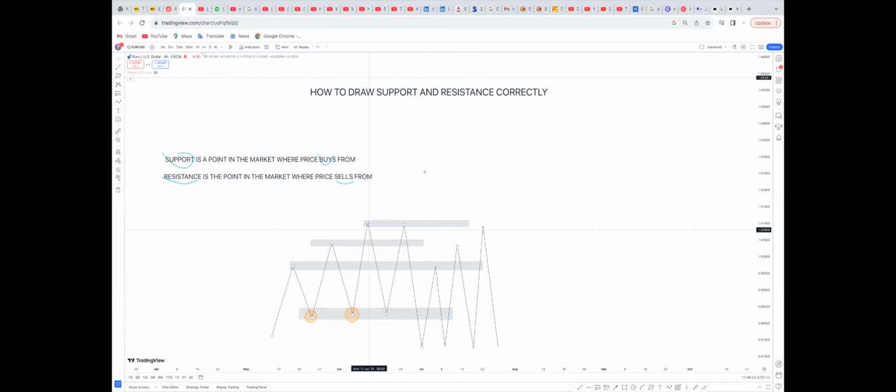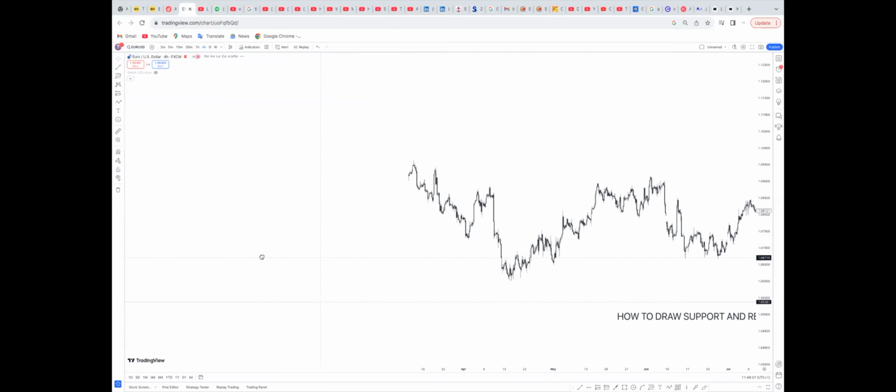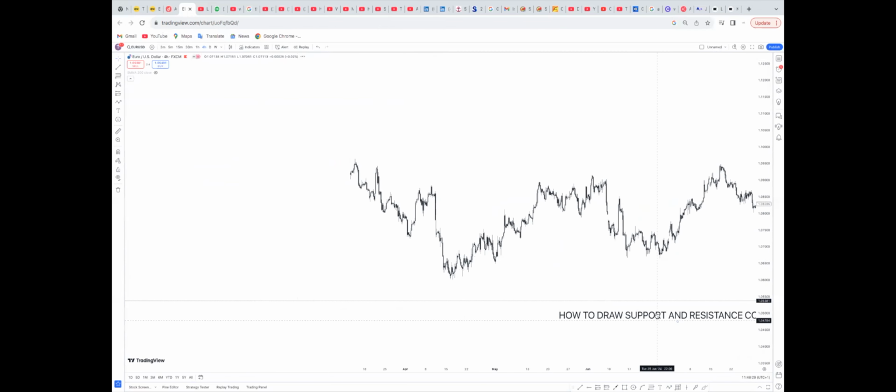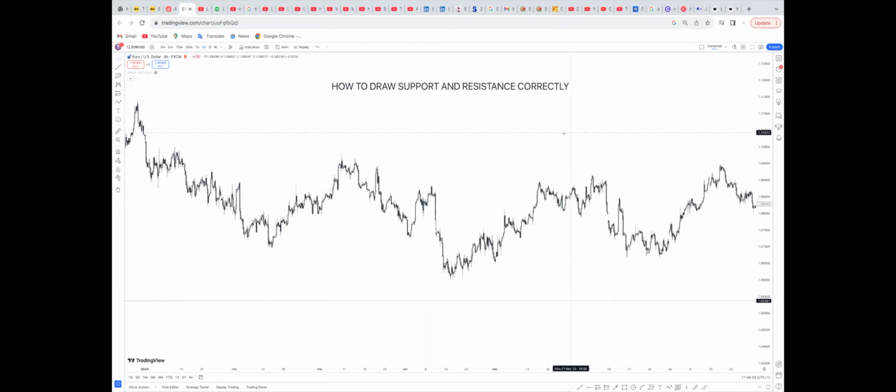Let's go to the chart. Right, so these are our charts, and our topic remains the same: how to draw support and resistance correctly. This is your USD chart on the four-hour time frame, and right here you could see a lot of moves in the market, right? You could obviously see that market is kind of moving in a downtrend wave.